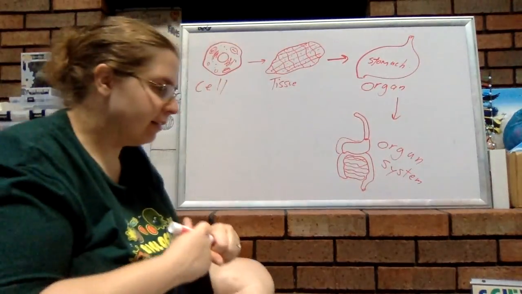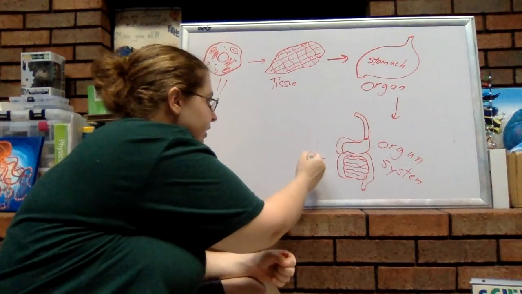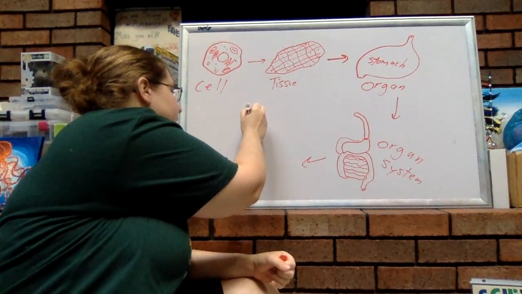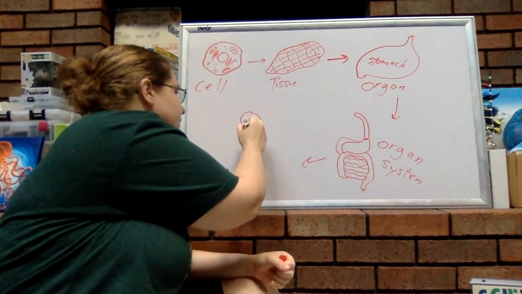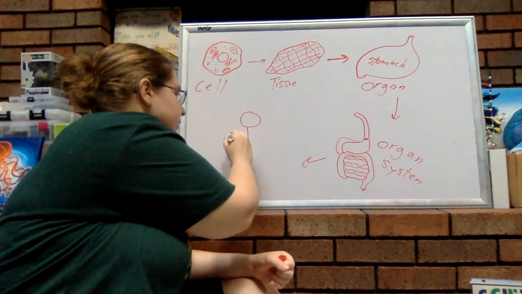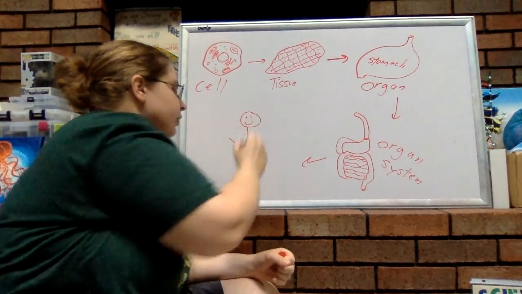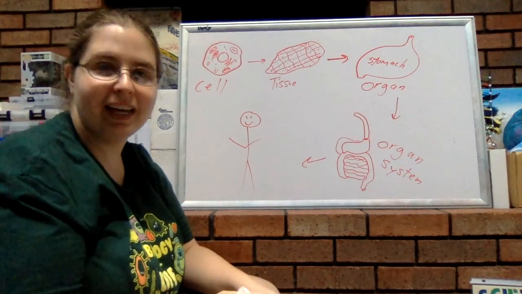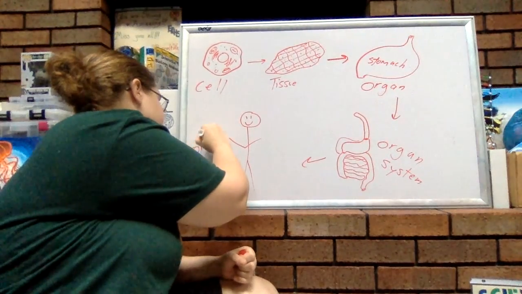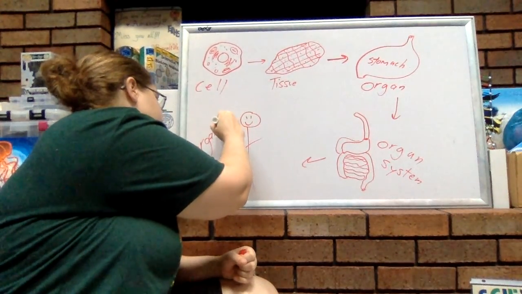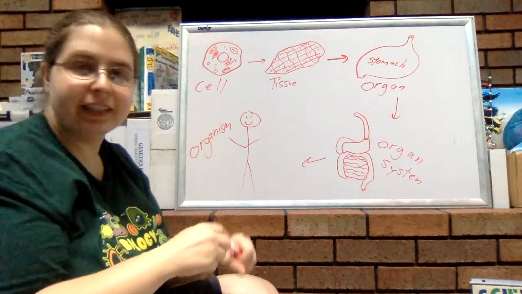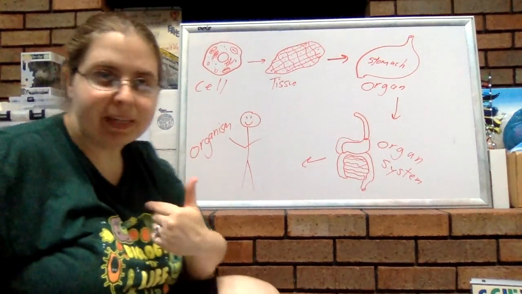And when you have multiple organ systems that come together, you have an organism like us, like you and me.